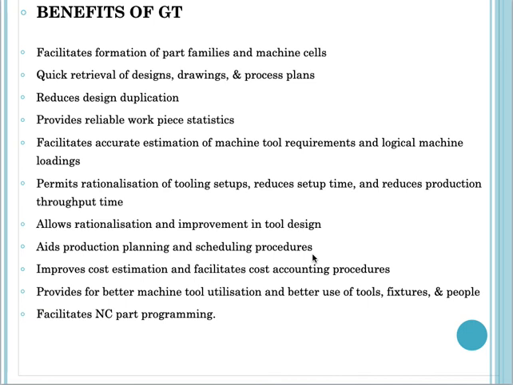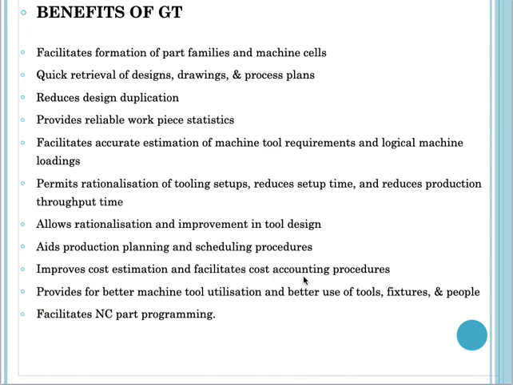It is one kind of benefit of group technology. It also improves cost estimation and facilitates cost accounting procedures as well. Because of grouping, we can easily estimate and facilitate the cost accounting for similar kinds of parts.